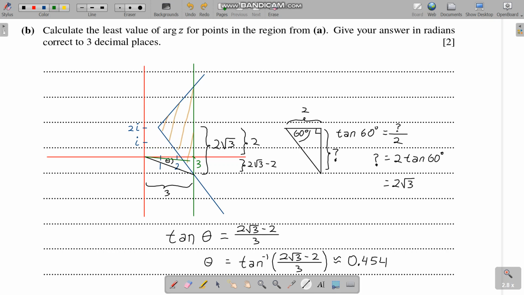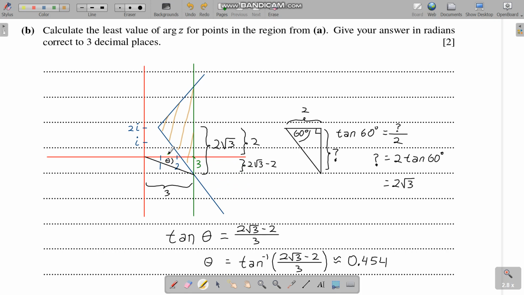But since we are looking for the least value, we are looking for the point such that we get the smallest angle, or the most negative angle. So this is the z we are looking for, because when it's touching this shaded region at this point here, we have the smallest or the most negative angle. So we are looking for this theta, it's going to be negative something.